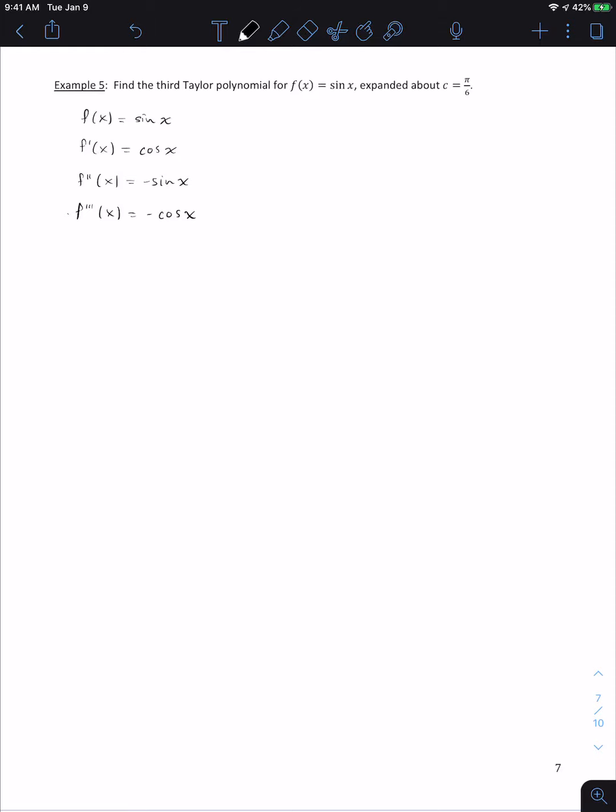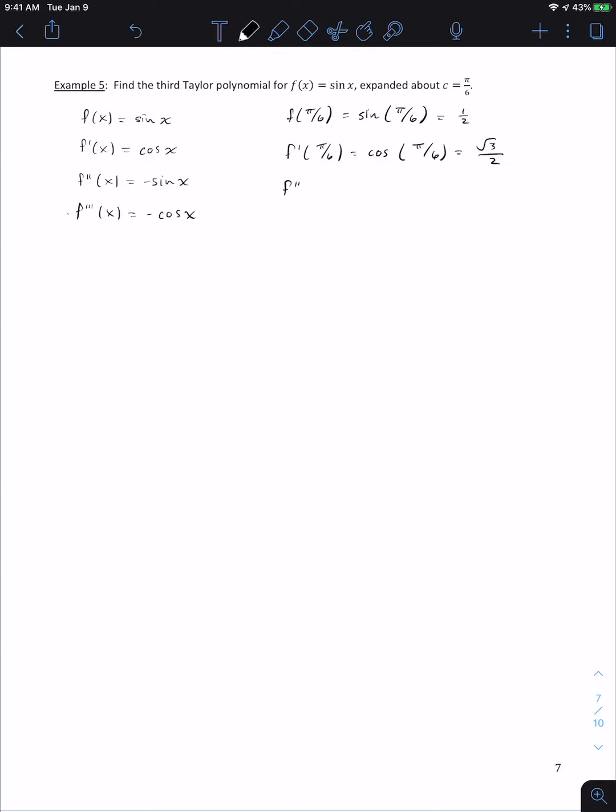All right, so now I need these derivatives at pi over 6. All right, so I need f at pi over 6. So I need sine at pi over 6, which is 1/2. Now I need f prime at pi over 6, which is cosine at pi over 6, which is radical 3 over 2.